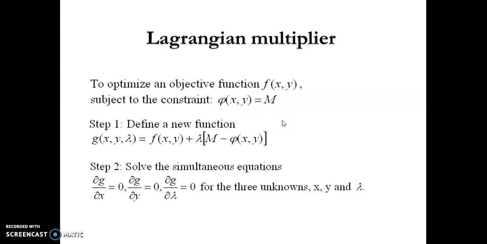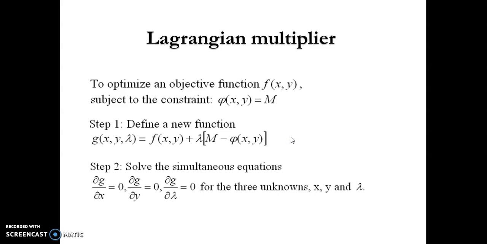So the point is that we want to determine the values for x and y that in this case will maximize this objective function. So what is the optimal solution to this constraint problem?